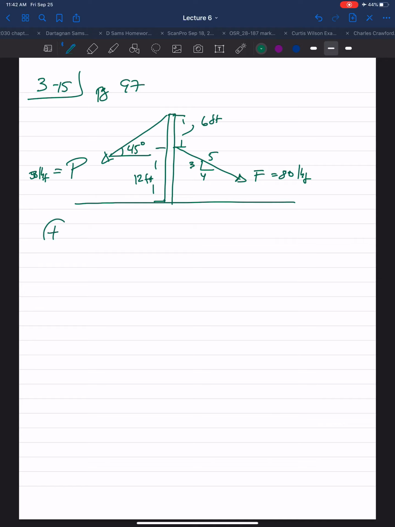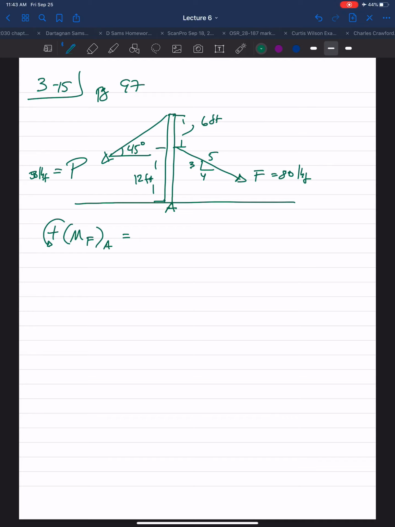So the moment, we'll say counterclockwise is positive, that force F causes about point A, which is down here, is force times perpendicular distance.